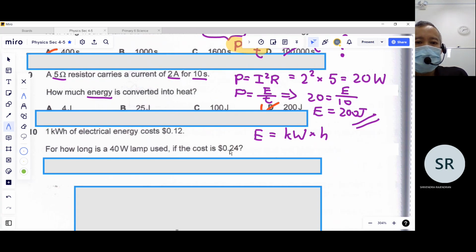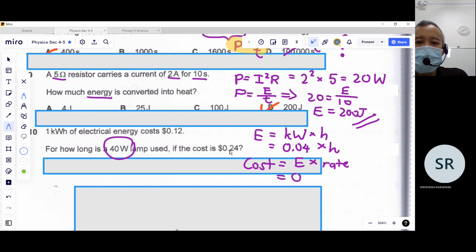How many kilowatts is this? 40 watts is 0.04 kilowatts. Number of hours, I do not know. But there's this other formula, cost equals to energy times your rate.